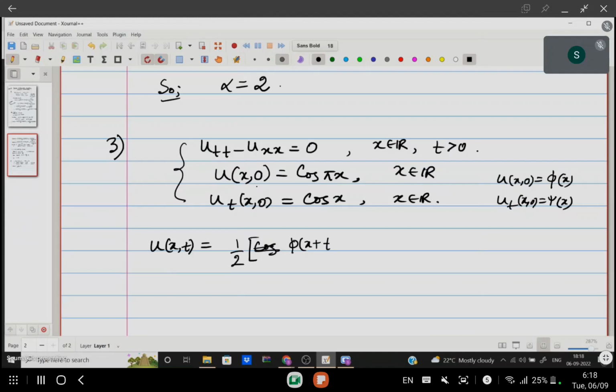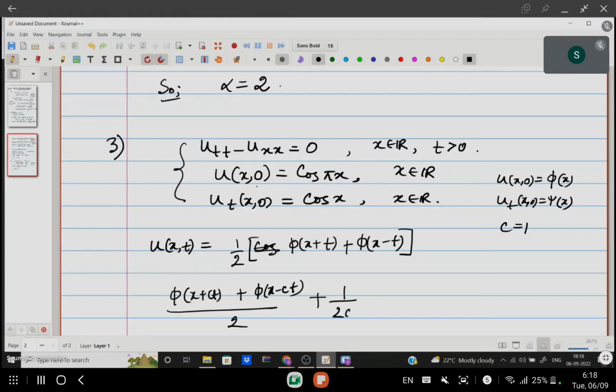Then phi of x plus ct plus phi of x minus ct, here c is equal to 1. So the general formula is: u(x,t) equals half of phi of x plus ct plus phi of x minus ct, plus 1 by 2c times the integral from x minus ct to x plus ct of psi of s ds. This is the general formula for u(x,t), right?